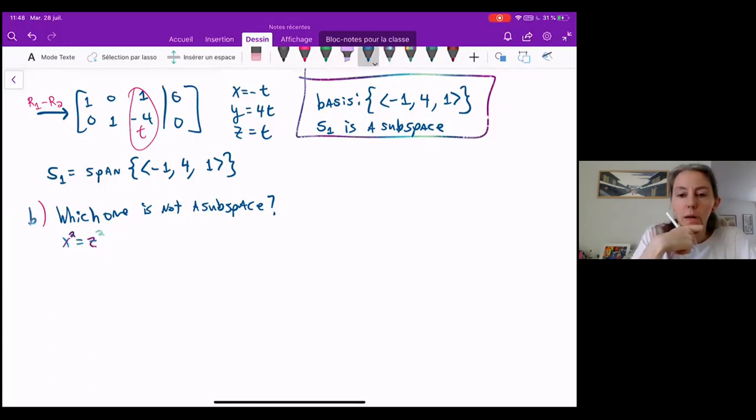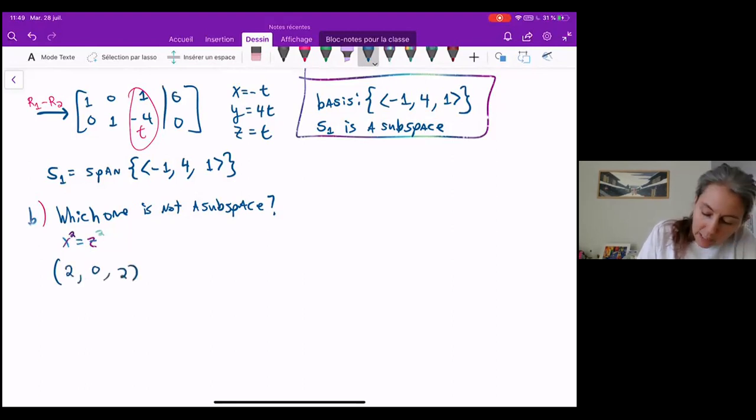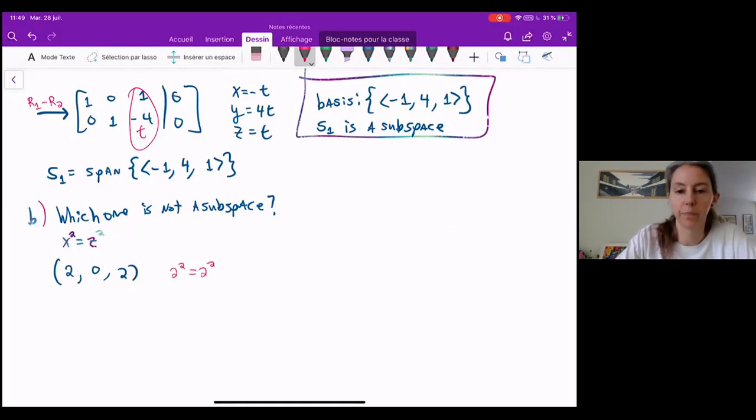So give me some vectors in this space. (2, 0, 2) would be in the space. Good job. And the reason this is in the space is because 2 squared is equal to 2 squared. Now, give me another vector in the space.